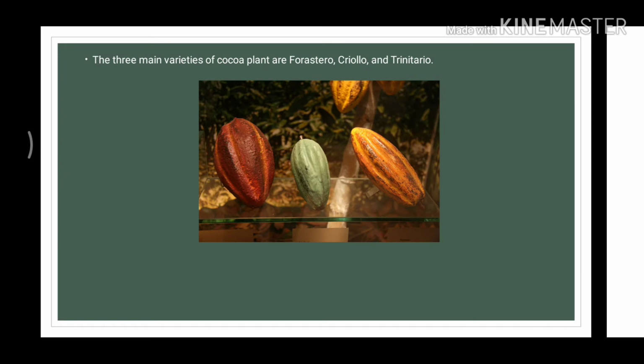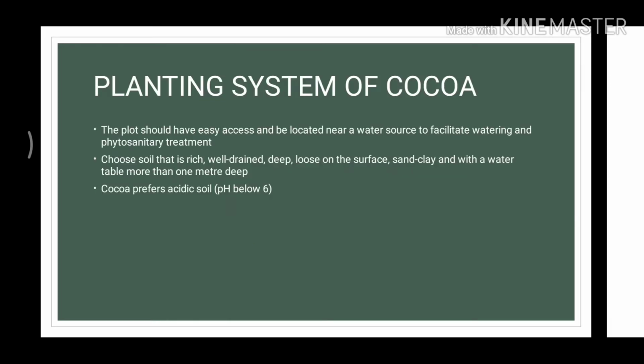These are the three main varieties of cocoa plant that are sold and used to make chocolate. On the left is Forastero, the middle one is Criollo, and the right one is Trinitario.